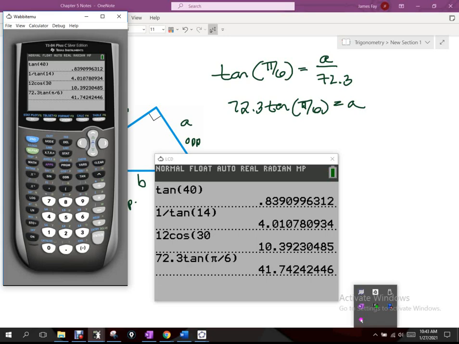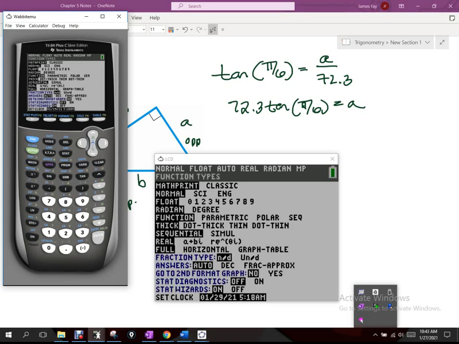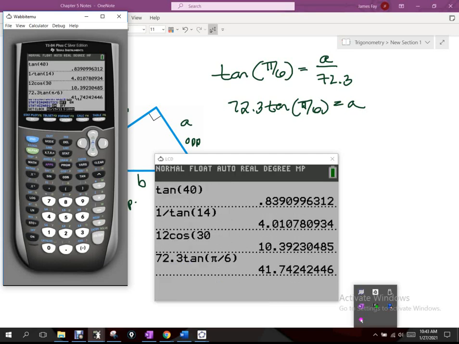Now here's my hope for us eventually. Do you remember what pi over 6 is as degrees? 30. So what if I went back to mode, changed it to degrees, typed in 72.3 tangent of 30.